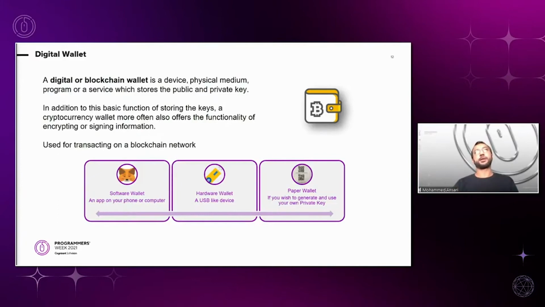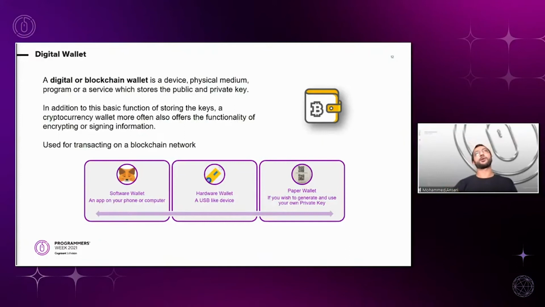Paper wallets are nothing but you could write down your own private key or use an offline utility to generate a private key and basically take a print out of it and remember it. And you could use that to transact with the Bitcoin network, for example, using some kind of client like command line. And then you have this thing called a hardware wallet, which is probably the safest of them all.